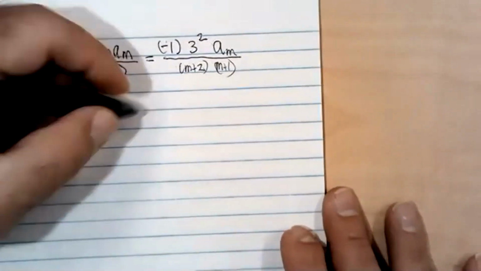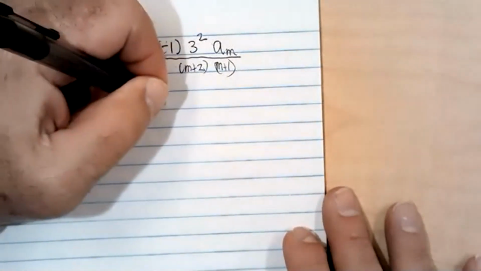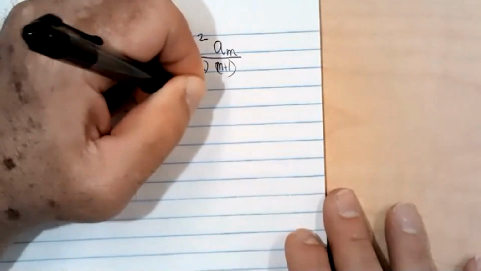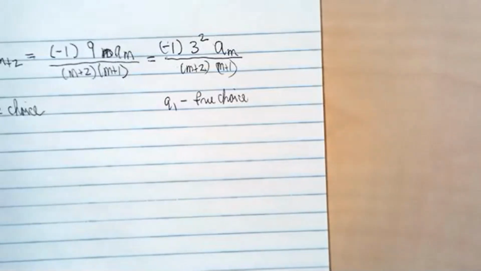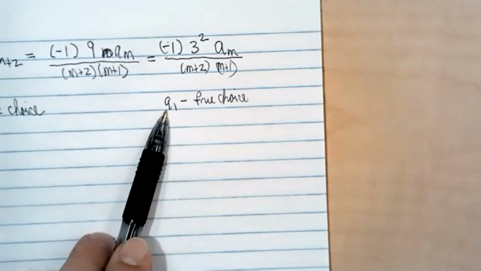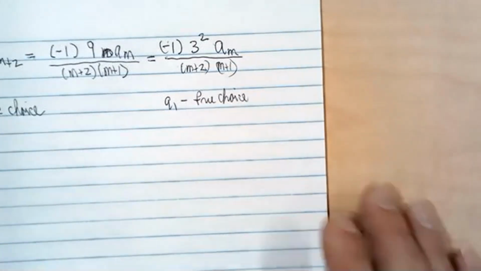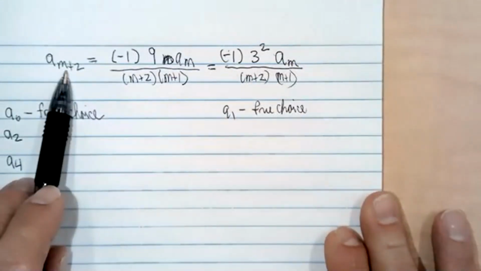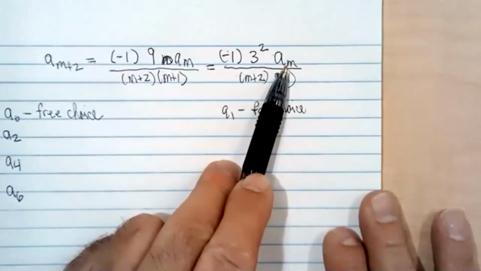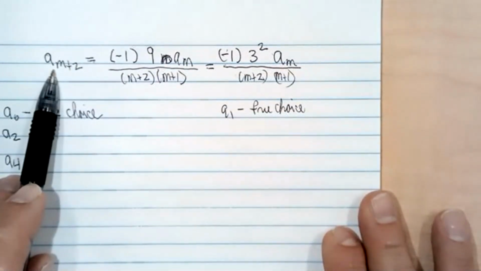In the same way, A1 is going to be a free choice. The reason it's a free choice is once I choose A0, it fixes all of these, but it has no effect on A1. So A1 is free to range however you want. But once you have A1, that's going to force the value of A3. And once you have A3, that's going to force the value of A5.